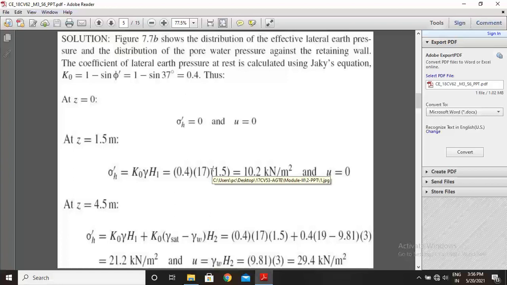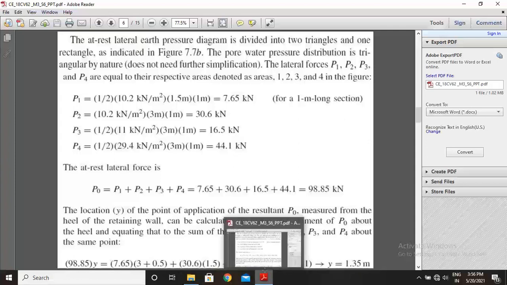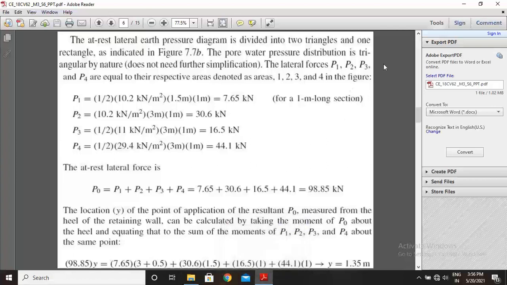Okay. Next, P3 into distance, that is 1 meter, plus P4 into perpendicular distance, 44.1 into 1.